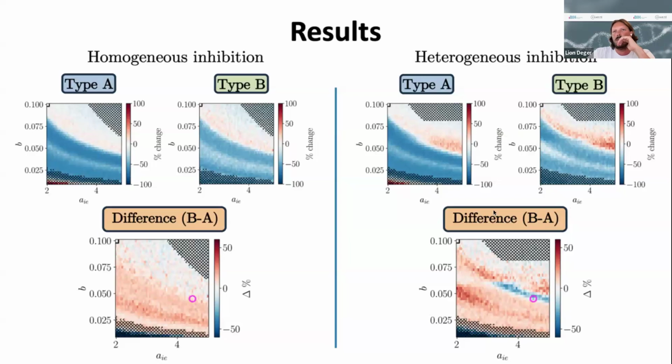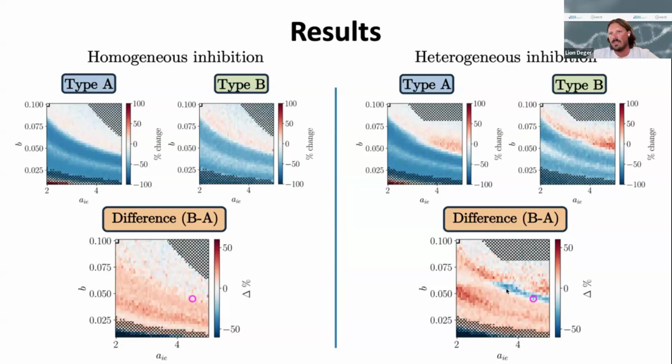This bottom plot is simply the difference between the two top heat maps. And what this tells us is that here, the non-specific thalamocortical FC reduces more than the specific thalamocortical FC.